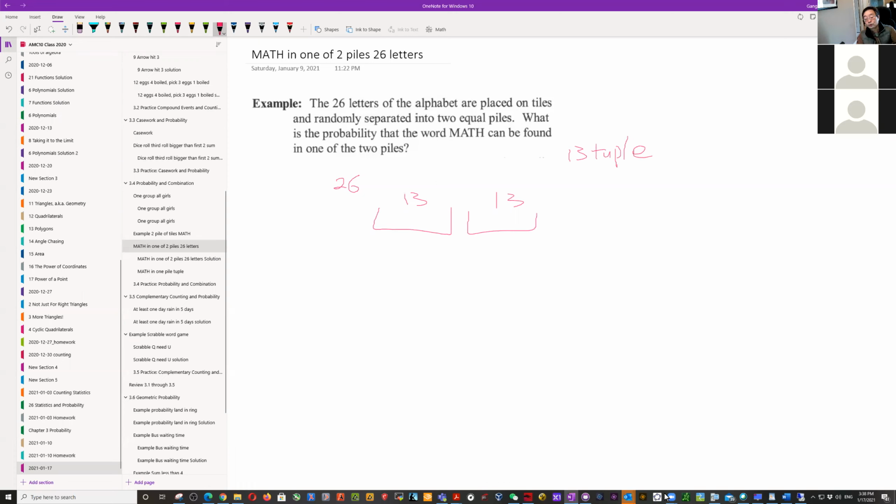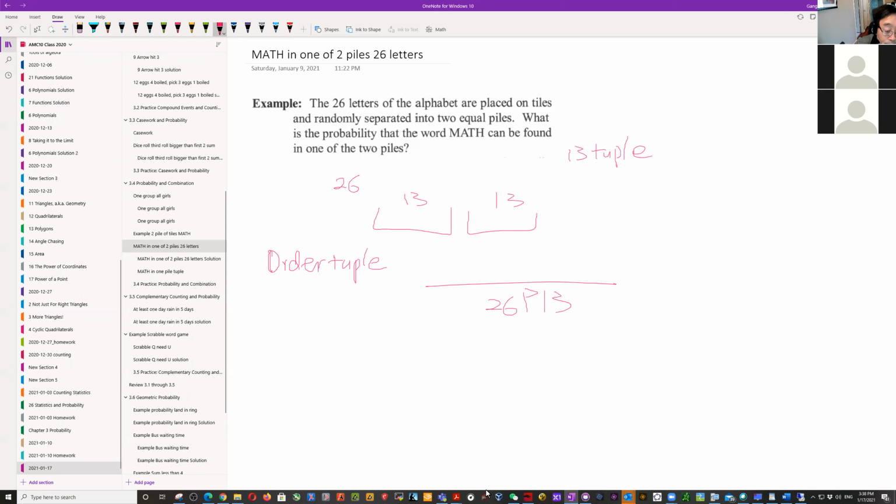And the way to get the 13-tuple count in order, this is where order matters, is an ordered tuple. And it's very simple. It's just 26 permute 13.